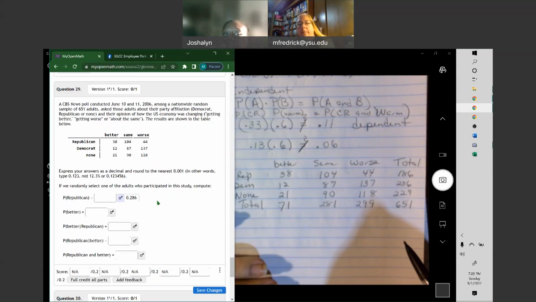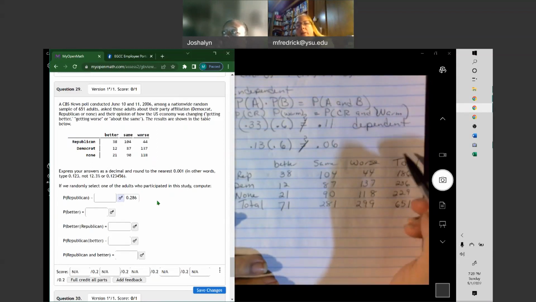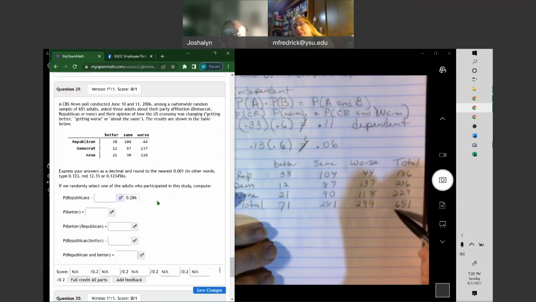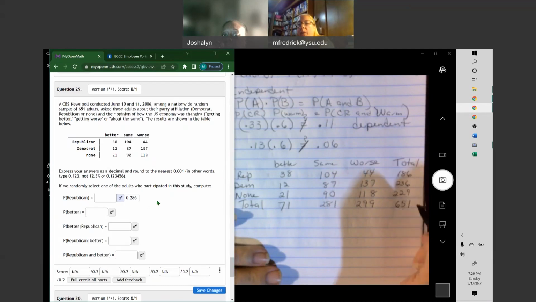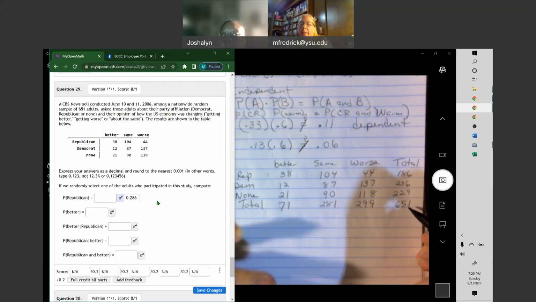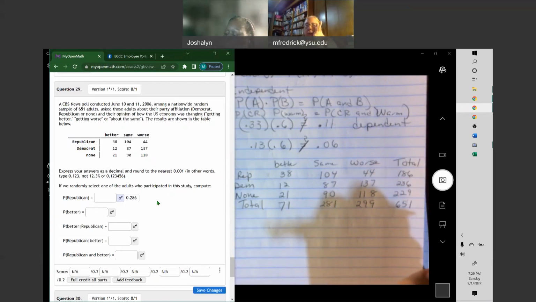Total is 186. And so if we're going to pull from all 651, then there's a possibility of 186 out of the 651. So divide the 186 over 651. You always divide by the total. The times you don't is when they have a given part, but it's almost always the total.